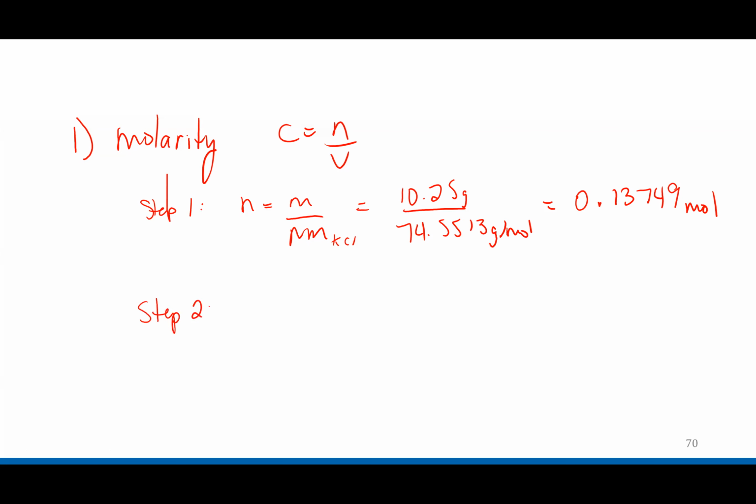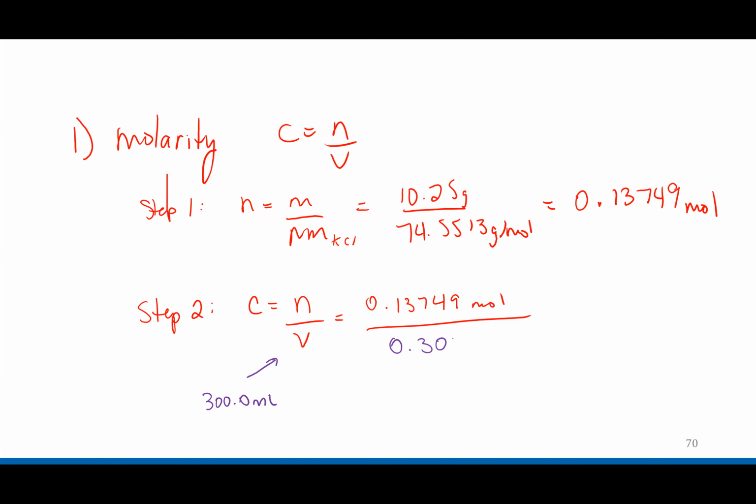Step 2 is the concentration itself is moles over volume. So I have the moles, 0.13749. The problem is that my volume is in milliliters. My question is telling me that I have 300 milliliters. I need to change that to liters.